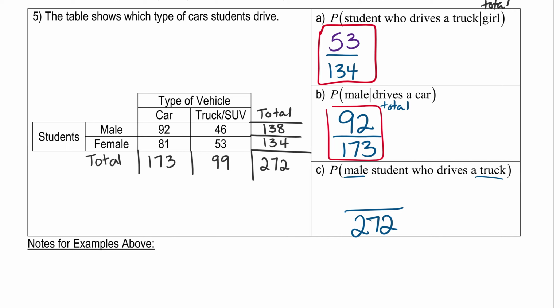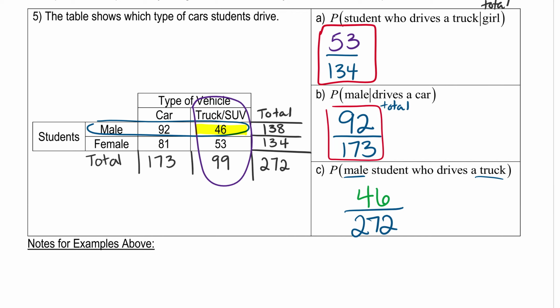So you want to find where they intersect for this one. If you look where those two intersect, that would be this number right here. That's the number that I want to use. So I would put 46 on top, because that's male students who drive a truck out of everyone.